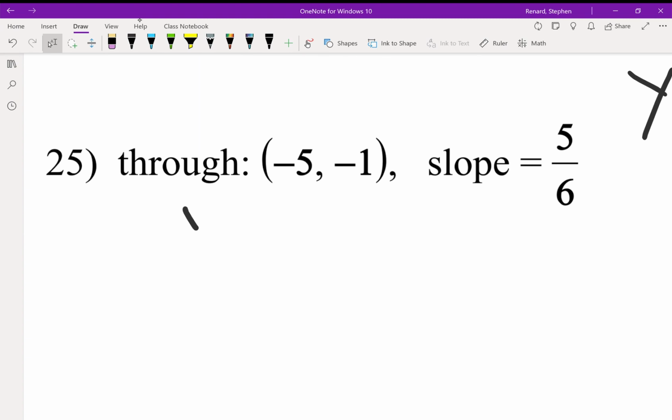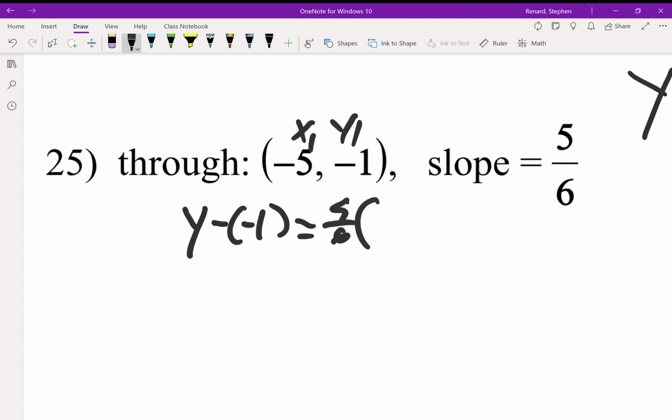So here we're going to go y minus a negative 1, because this is x1, y1. And it's not a plus, it's an equal. Equals, and then instead of slope, we're going to put 5/6. And then we're going to go x minus negative 5.